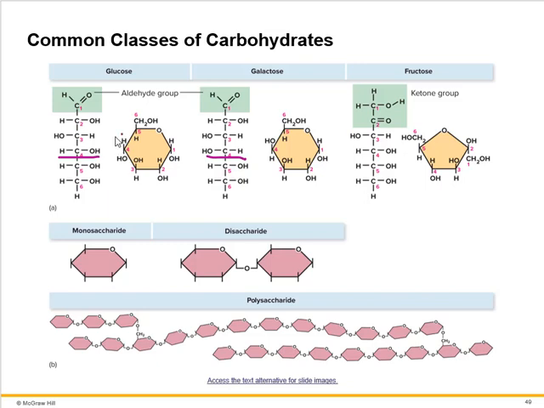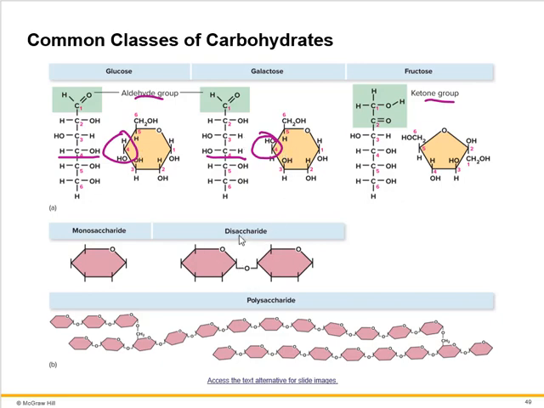And so it's this carbon here that differentiates between glucose and galactose. And then fructose has a ketone group, so that is different. So the aldehyde and the ketone, that's going to make this a different shape, and that's going to give it a different function. And these are pretty much the same, but they still have a different shape, so they're still going to have a little different function.